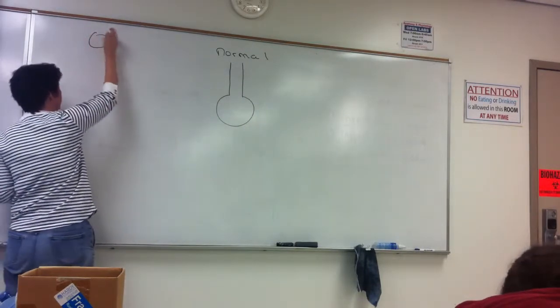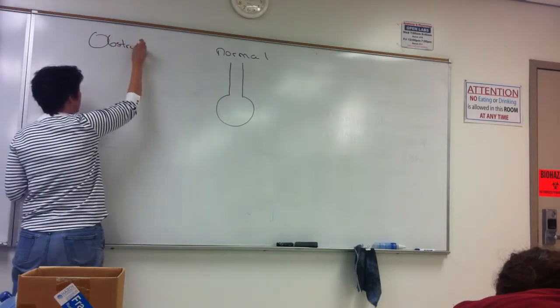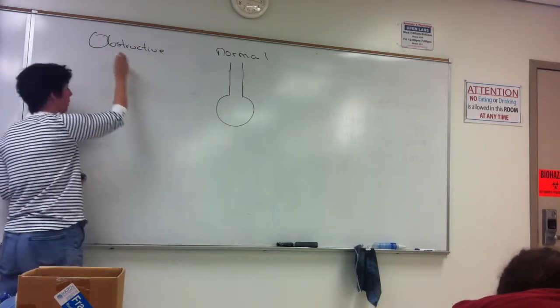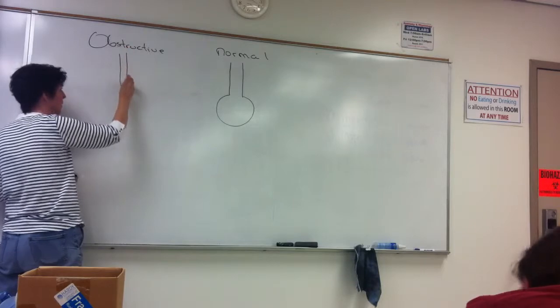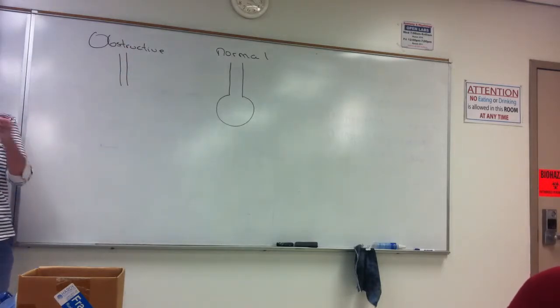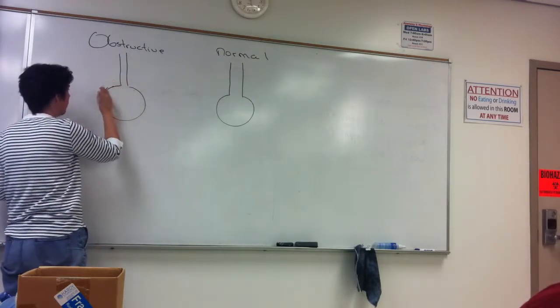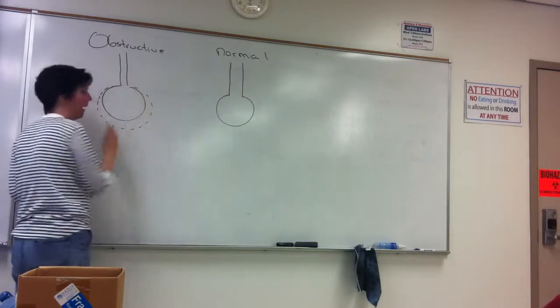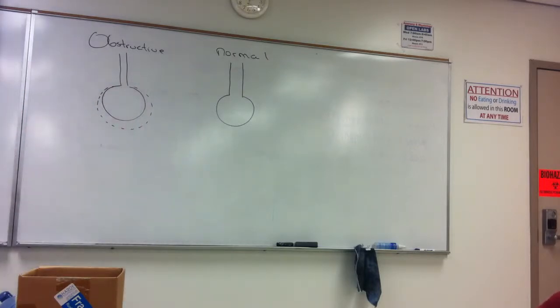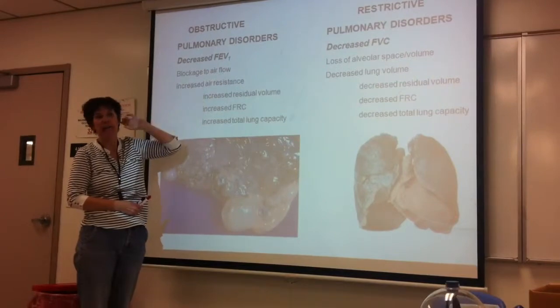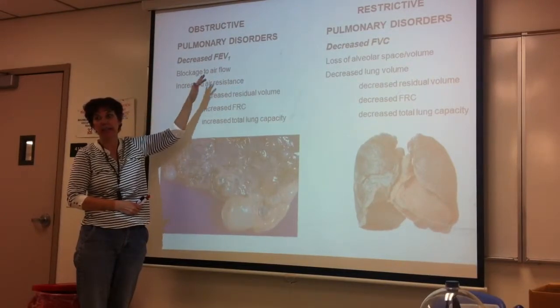With obstructive, the airway is narrowed, therefore it takes longer, especially with expiration, and the alveoli may be the same or actually larger. So the key is a decrease in FEV1. It takes longer to breathe out, therefore FEV1 is typically lower than 80%.